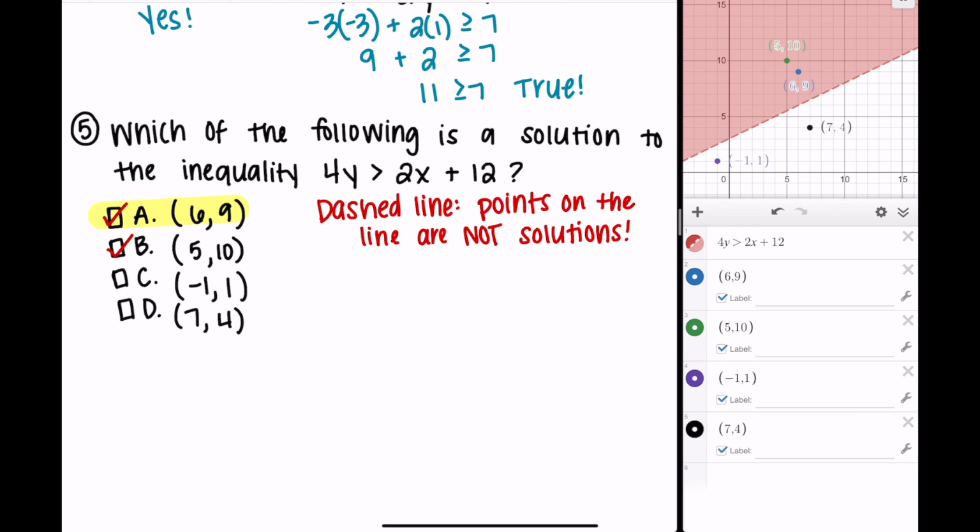So that is a solution. -1, 1 is not in the shaded region, so that is not a solution. And 7, 4 is also not in the shaded region, so it is not a solution.